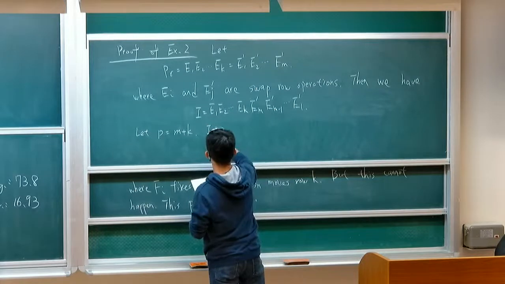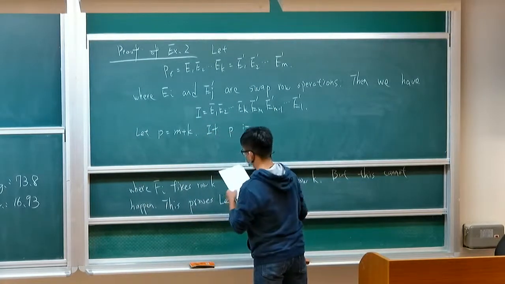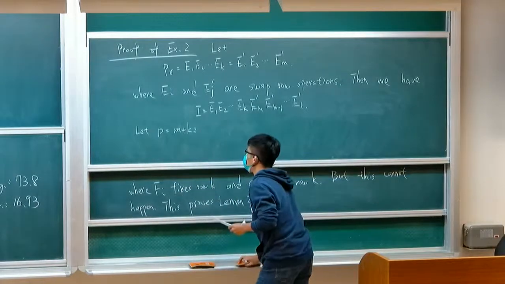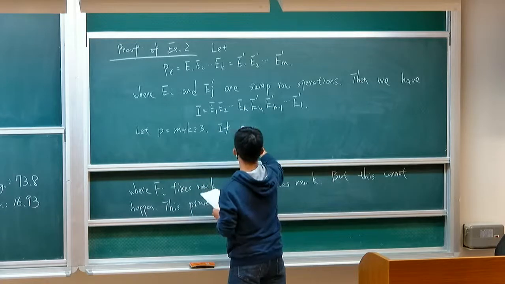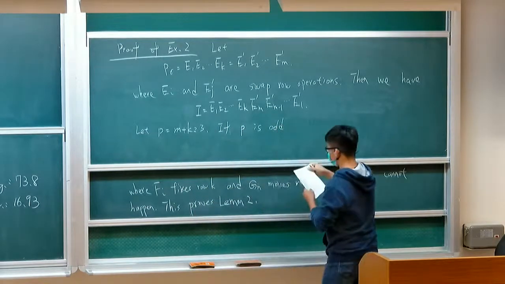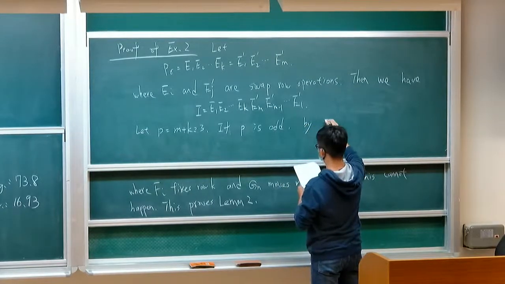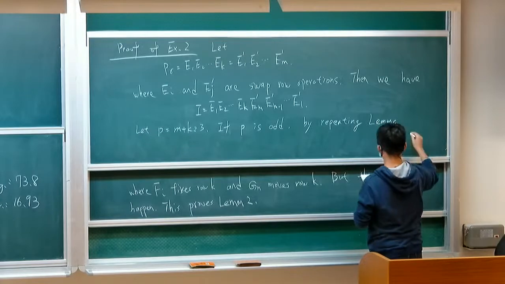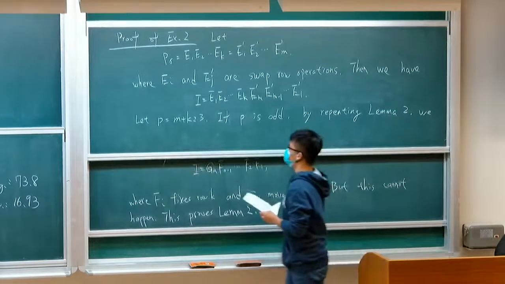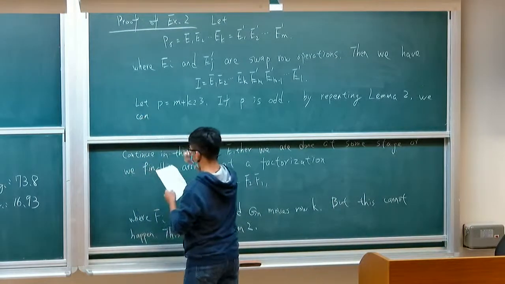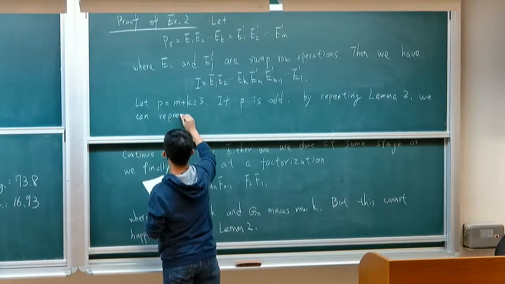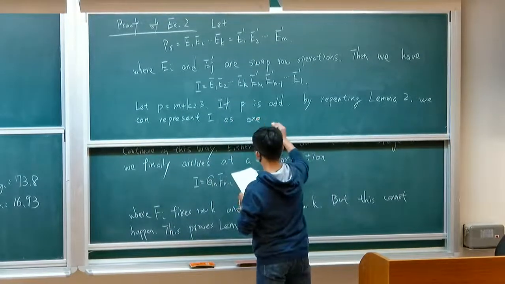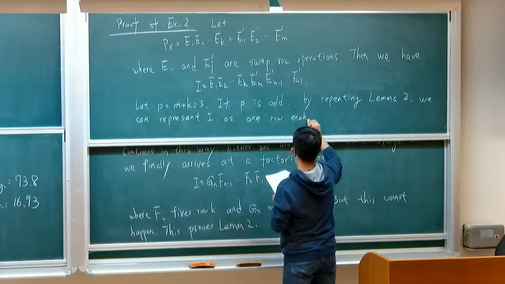But if P is odd and P is greater than or equal to 3, then by repeating lemma 2, we can represent the identity matrix as one row exchange.